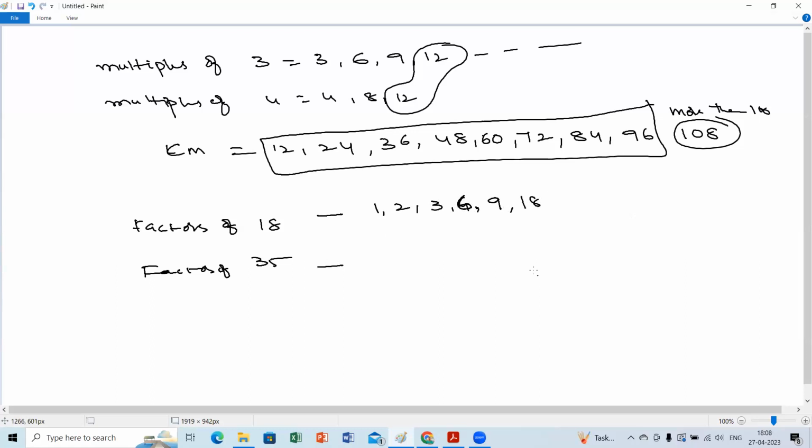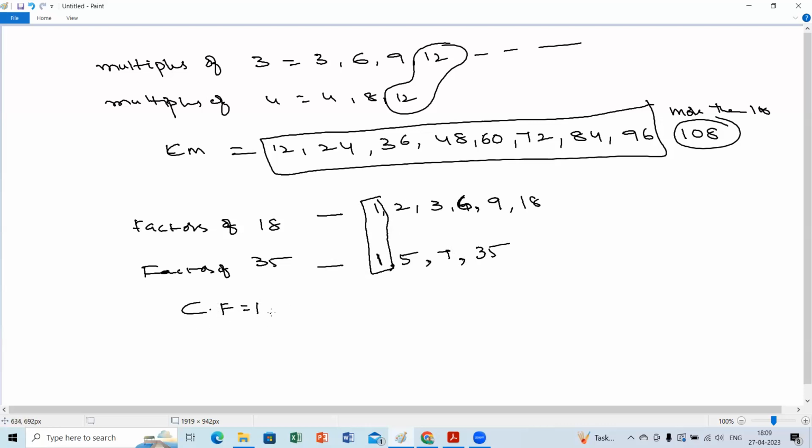What are the factors of 35, children? 1, 5, 7, 35, because 5 sevens are 35, right? What are the common factors? Common factors: none, only 1. So the common factor is 1, no other number.